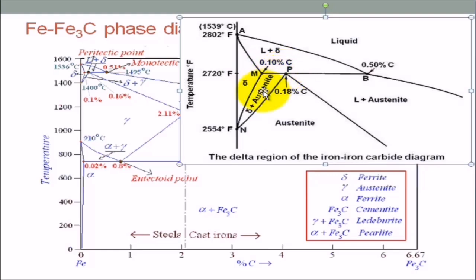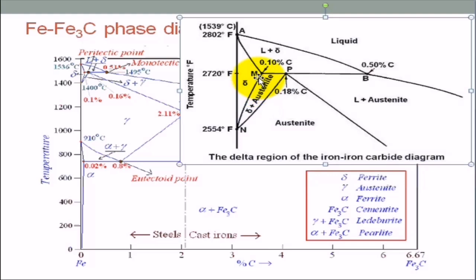On cooling, from the point M to N represents the beginning of the crystal structure change from BCC to FCC for alloys containing less than 0.1 weight percentage of carbon. As we know, austenite is an FCC structure.